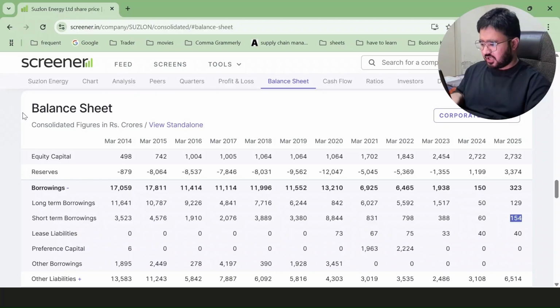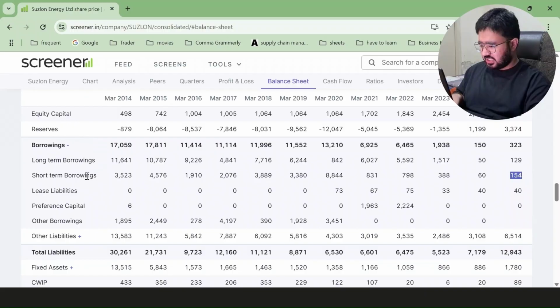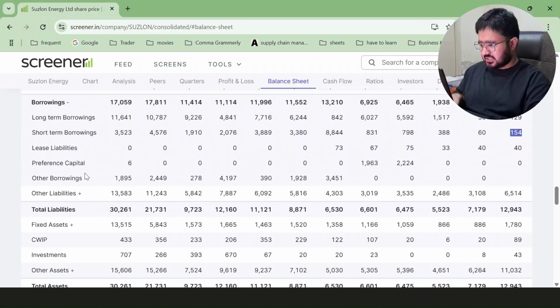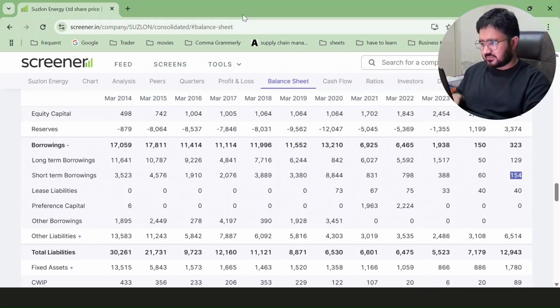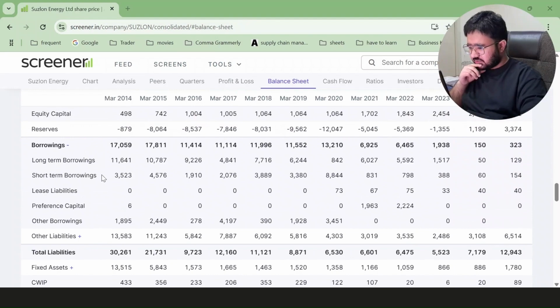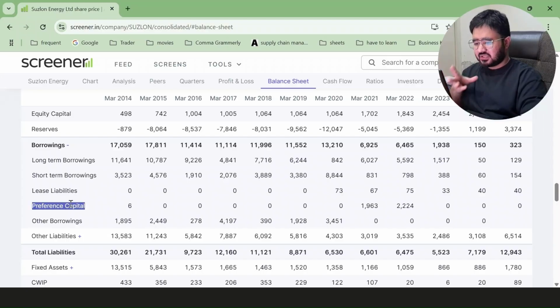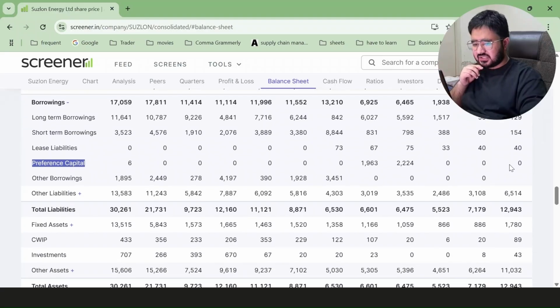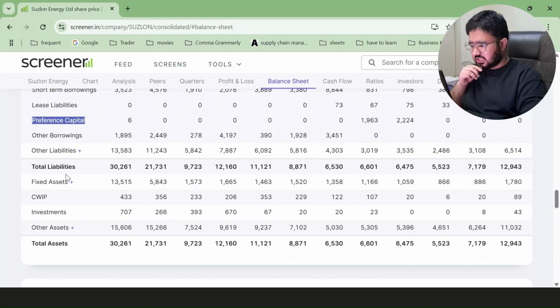Now let's see how much is the cash and cash equivalent, and let's see where it is. Let's scroll down. If you remember, we have talked about preferred shares over here. You could see the preference capital. That's, by the way, zero over here, so no need.